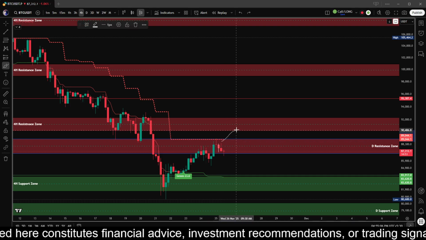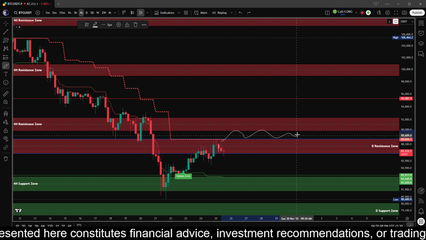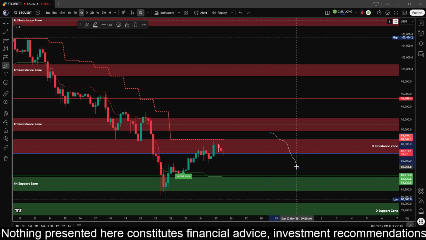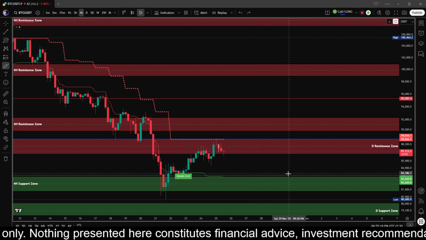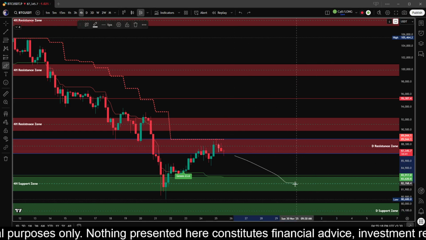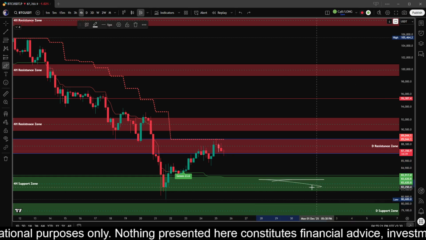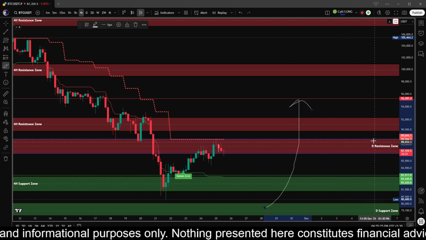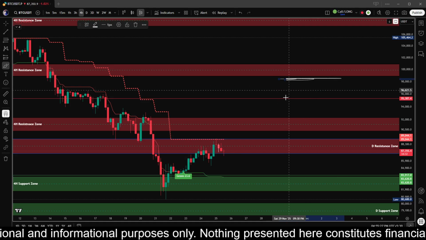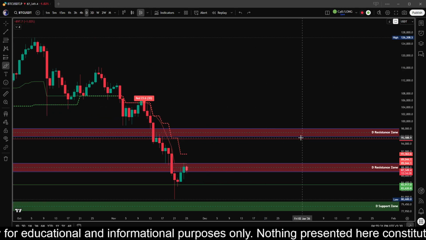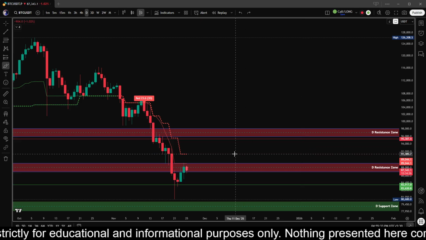And then we will see some sort of consolidation maybe, and then another downward pressure. But as I've said, we have some support. As long as price gets support in these sections, this one and this one, then price will reattempt the 95 and 97,000 level most likely, and this is what we have with BTC right now.